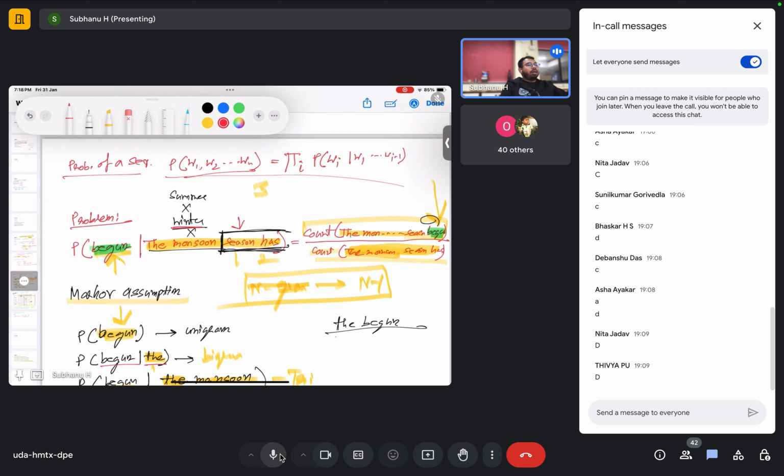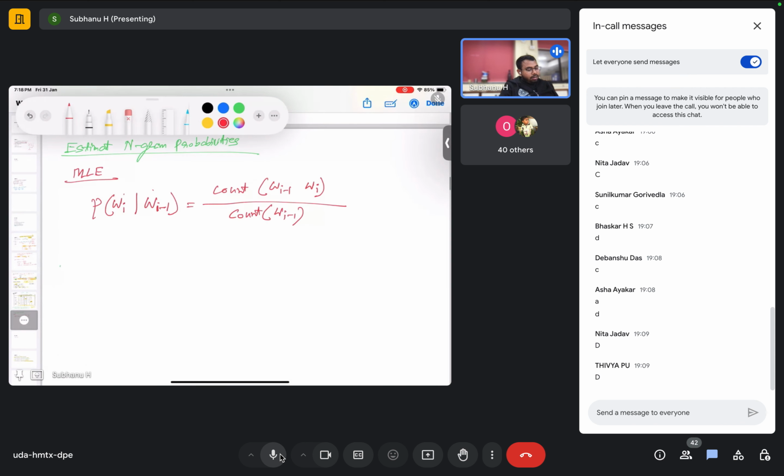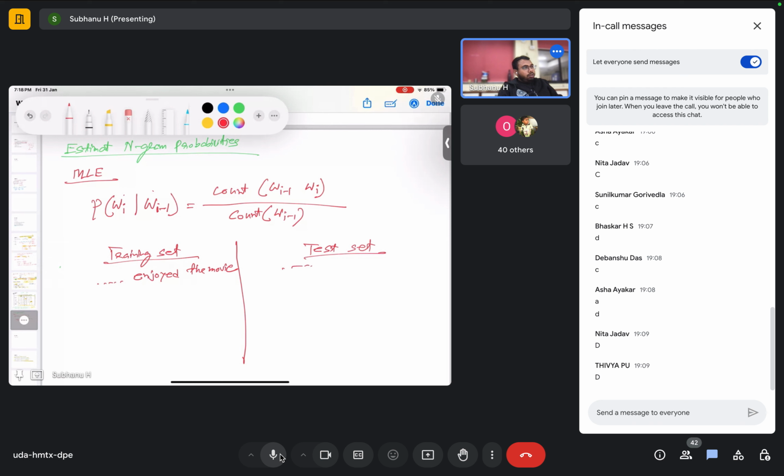Now the problem is, suppose I can give you an example, like if your training set is like this, training set and your test set. Your training set is enjoyed the movie, okay, but your test set consists of enjoyed the concert.